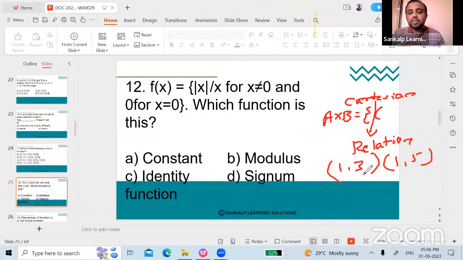So 1 will combine with 3 and 1 will combine with 5. This is how applying certain conditions on the Cartesian product gives a relation.